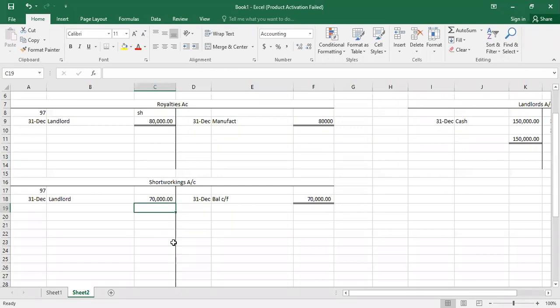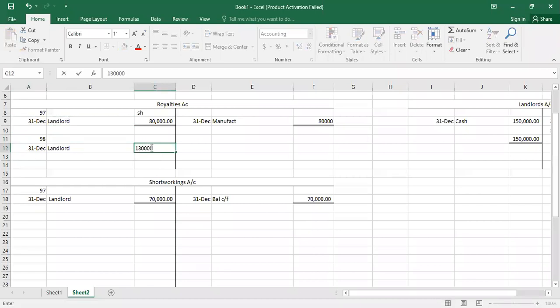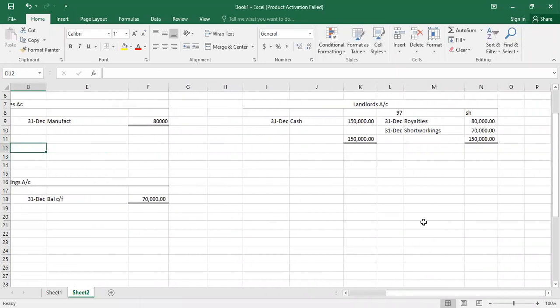We again follow the same procedure. So our first entry will be in the year 1998. We are supposed to debit the landlord's account with how much? What's the figure? 130,000. Yeah, go with me. You credit the landlord's account.